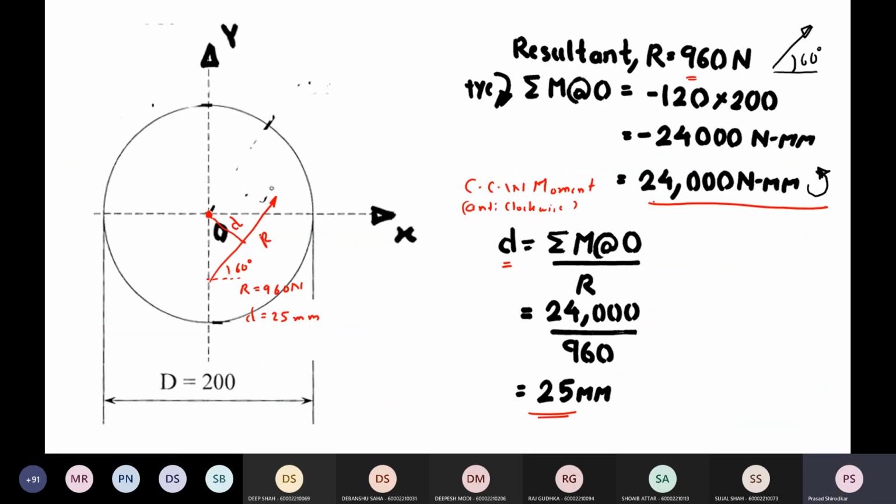The resultant is a 960 Newton force making an angle of 60 degrees, and it will also generate a moment of 24,000 Newton mm. All conditions are satisfied: 960 Newton magnitude, 60 degrees direction, and a turning effect of 24,000 Newton mm.